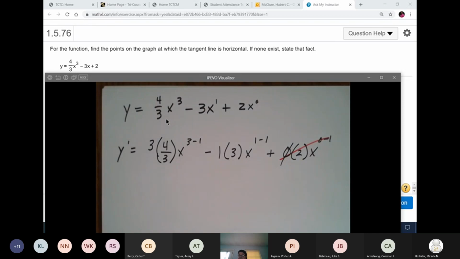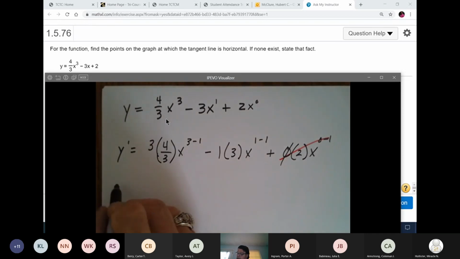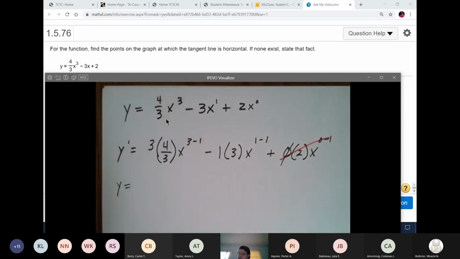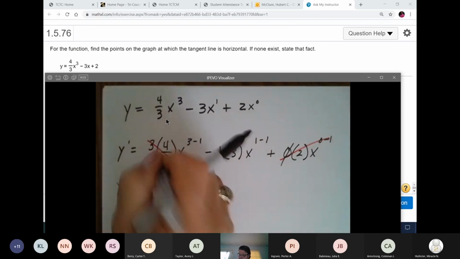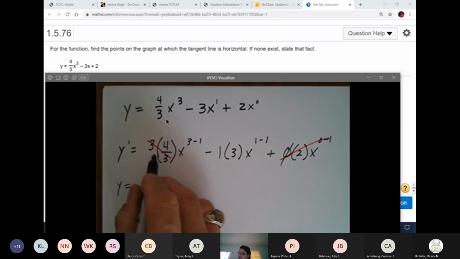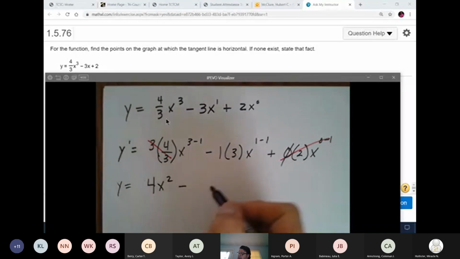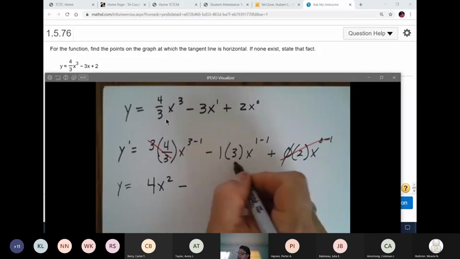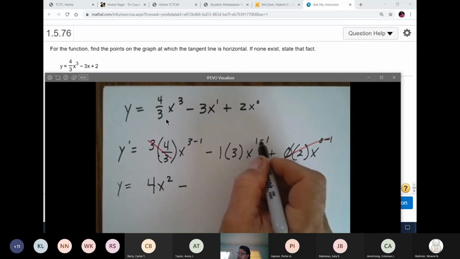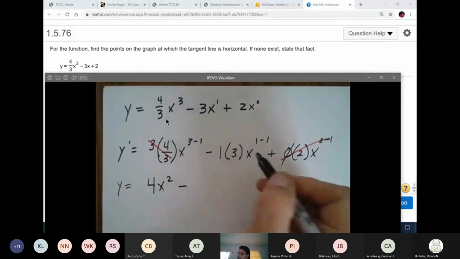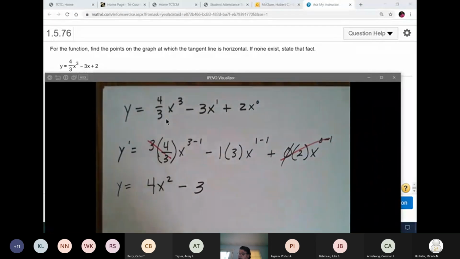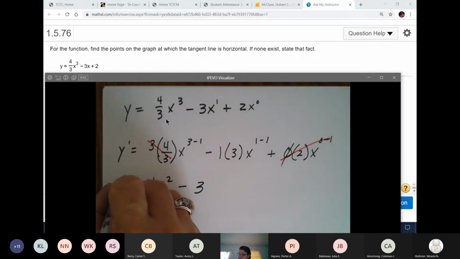So your first derivative, y prime is equal to, that cancels, 4x squared minus, well, this is going to be minus 3. x to the 0 is 1. 1 times 3 is 3. So that's your first derivative.